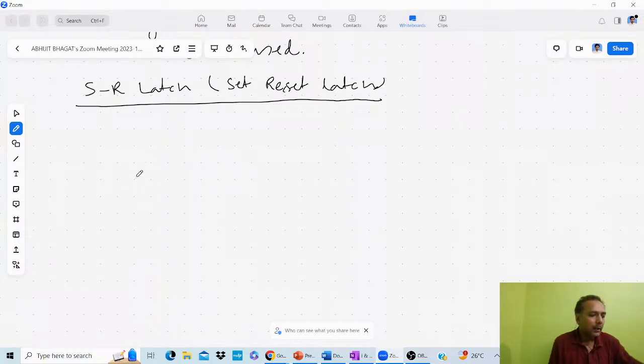First we discuss the block diagram of the SR latch.